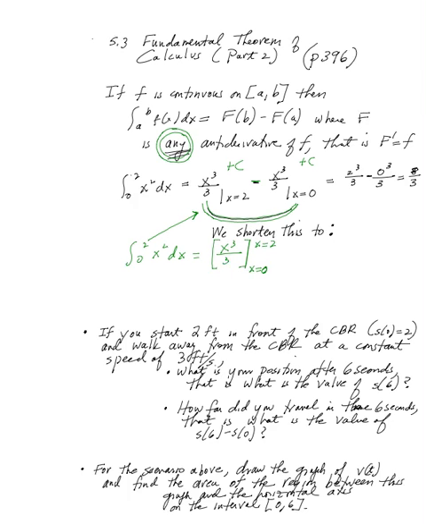We either write a vertical bar there or a right-hand brace or the whole braces. That means 2 cubed over 3 minus 0 cubed over 3. This is just shorter notation than that. So I get 8/3.